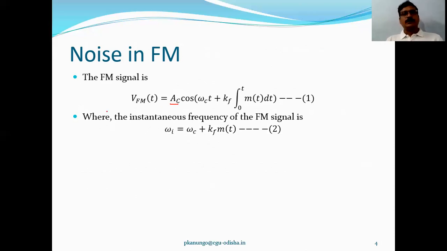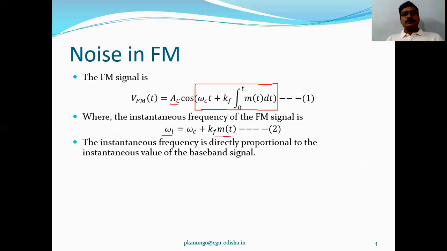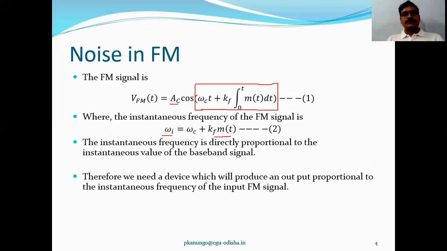So we calculate this instantaneous frequency omega i, which is nothing but the derivative of this angle theta(t), d theta by dt. If we go through this, I get omega c plus kf m(t). So the instantaneous frequency is directly proportional to the instantaneous value of the baseband signal.